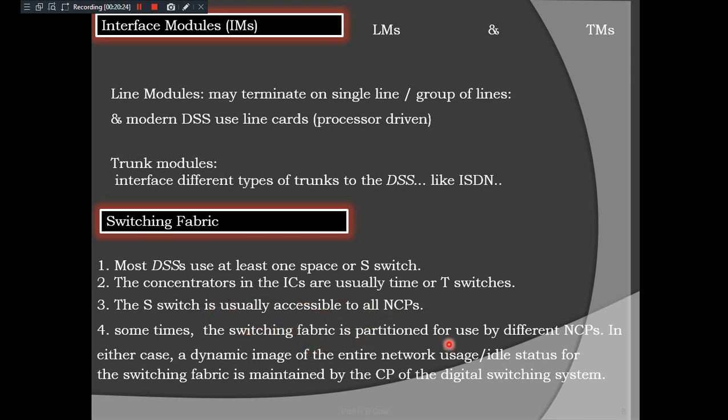Sometimes the switching fabric is divided for use by different NCPs, means different NCPs are going to have dedicated access to some fixed number of cross points available in the fabric. In either case, the dynamic image of the entire network usage, or idle status, of the switching fabric is maintained by the CP of the digital switching system. How the cross points in the switching fabric got connected, its image will be maintained by the CPU itself.